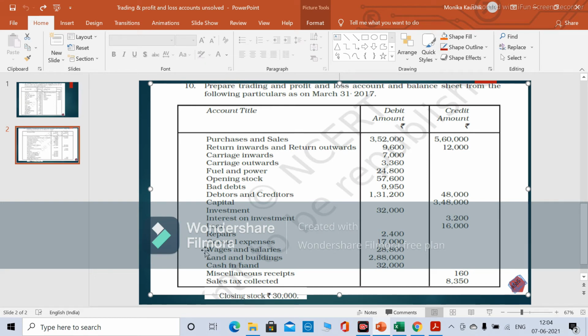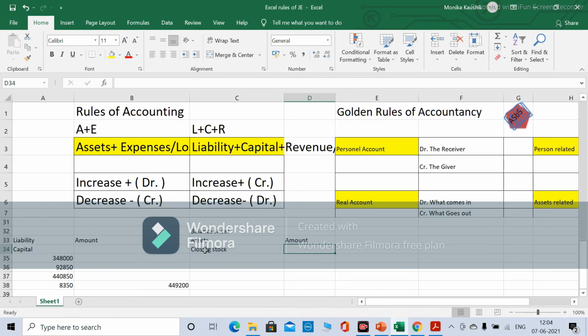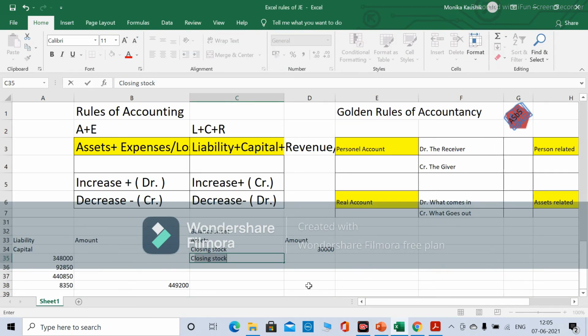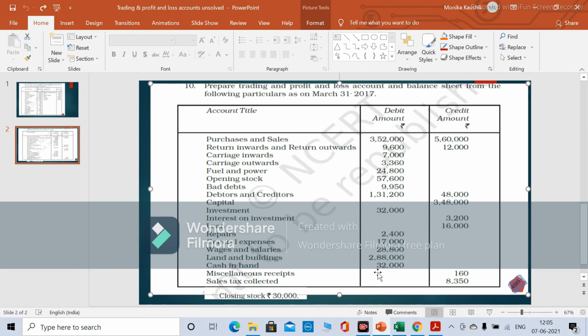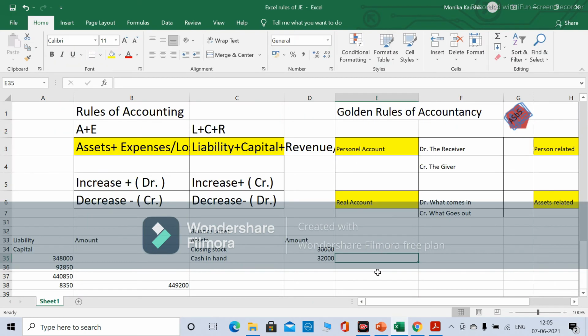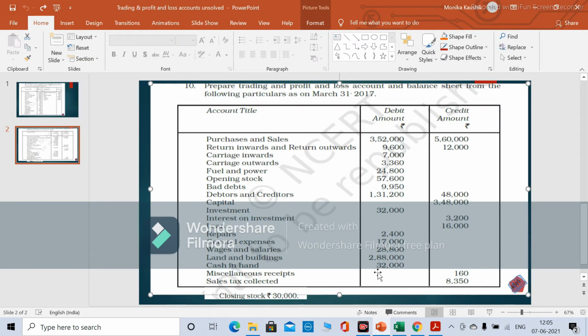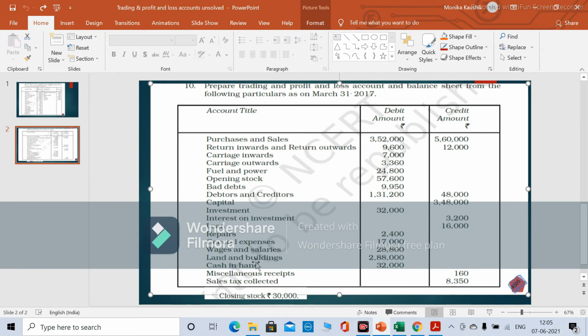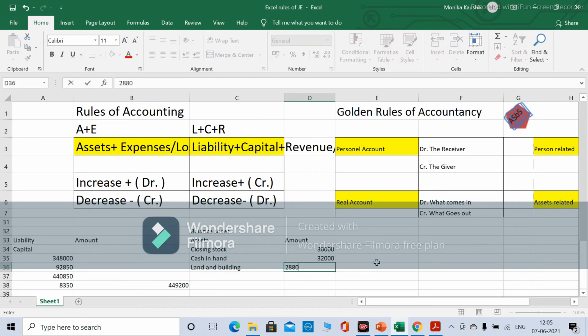So it will go in the balance sheet also. 30,000 rupees. Now the next one, cash in hand, current assets, cash in hand 32,000. Next one is land and building, fixed assets, land and building 288,000.